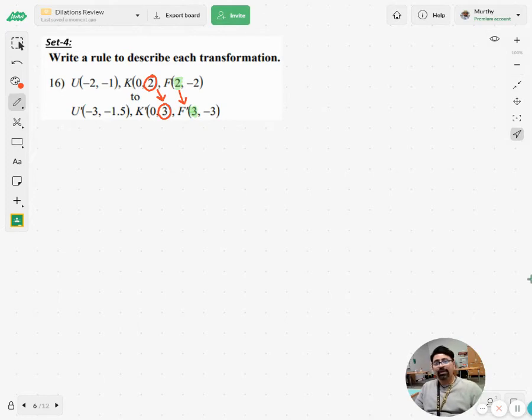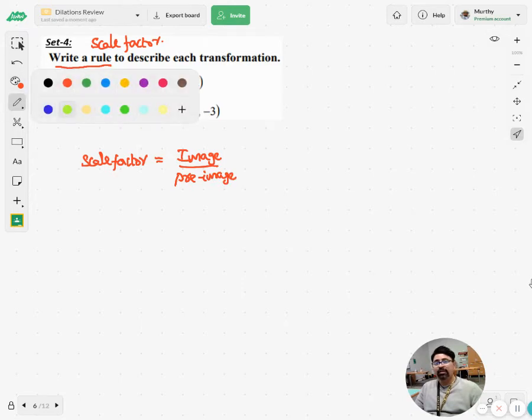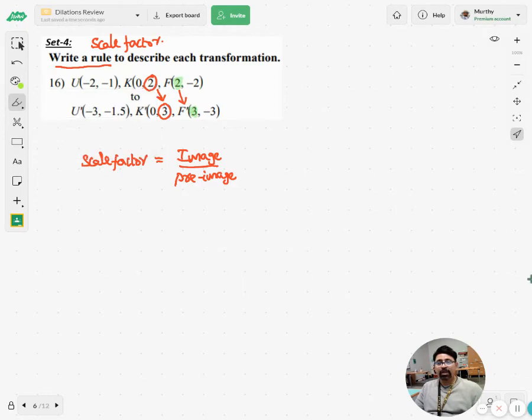So here, write a rule means technically you are asked to find the scale factor. So scale factor rule. I told you earlier, I like to remember this as SIP. When the word SIP comes into my mind, what does SIP mean?